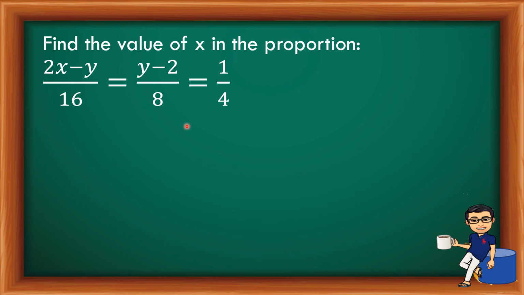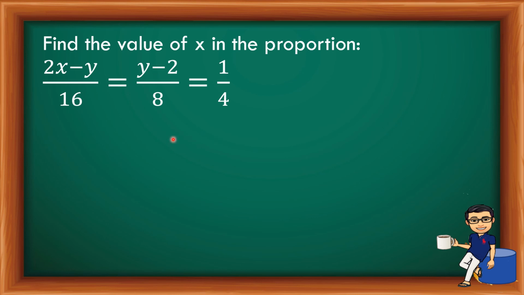So to determine the value of x with this given equation, what we are going to do is to choose first any of the expressions in this proportion. So there are three expressions, this expression, and another one which is 1/4. So we just need to choose two from that. But remember, choose an expression with one variable first.